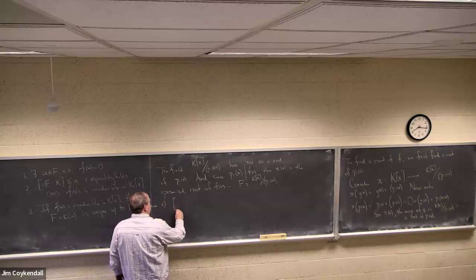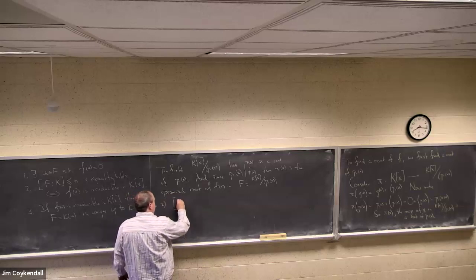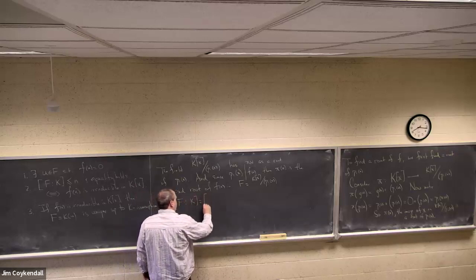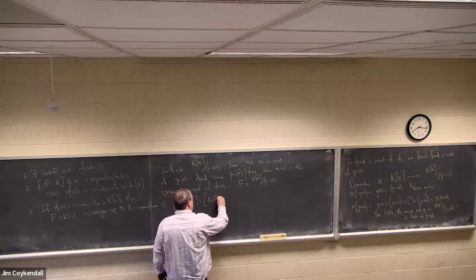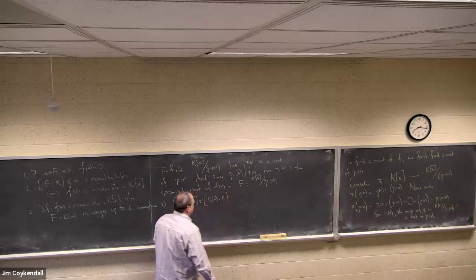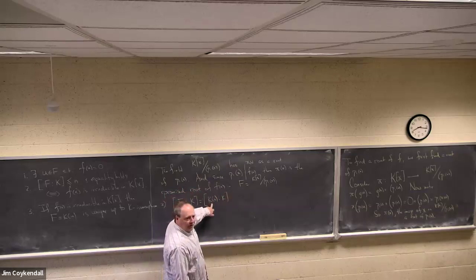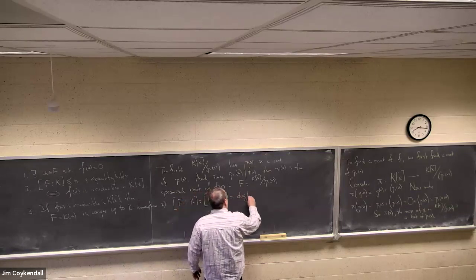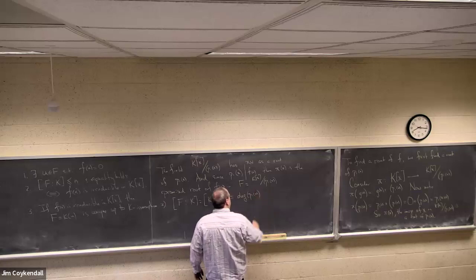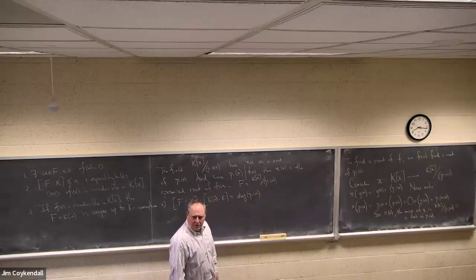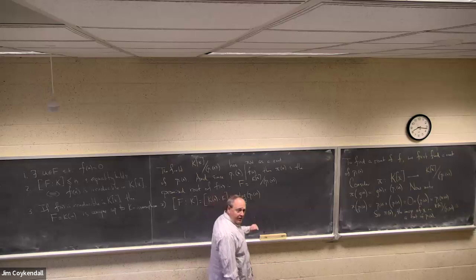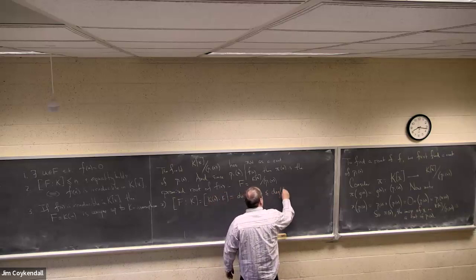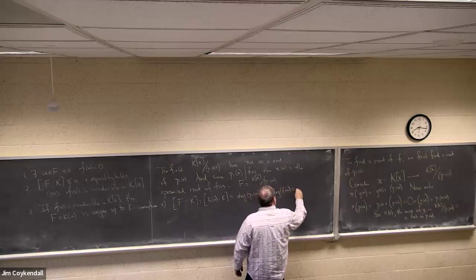Notice that the degree of F over K is the degree of P1(X), which you've seen. And I don't know much, but I know that this is less than or equal to the degree of F(X), which is n.